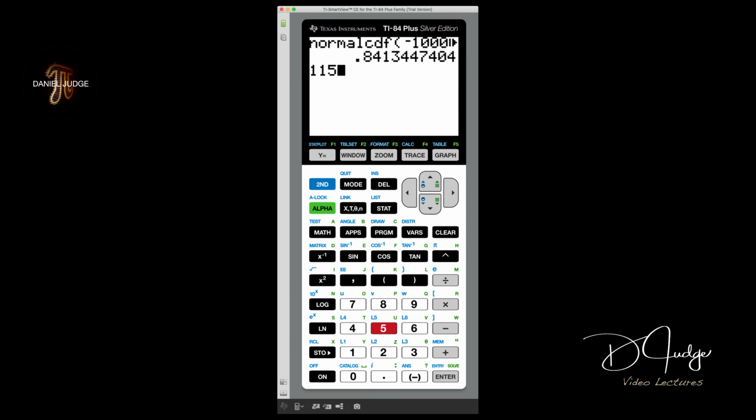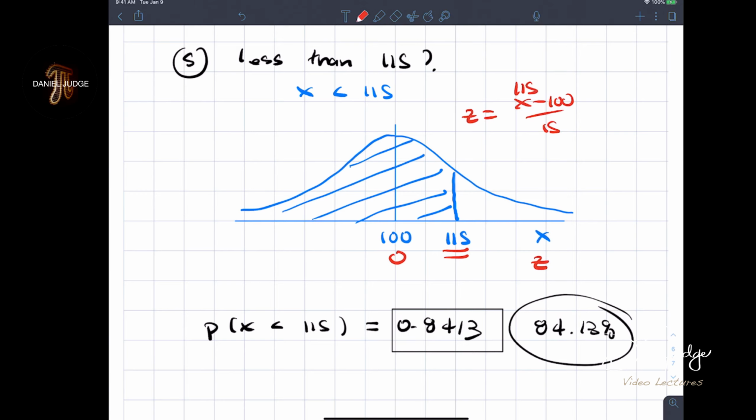Wait a minute. I don't have to use a calculator for this. It's 15 over 15. You guys know what that is. 15 over 15 is going to give you what? This is 1. So this is 1.00 if you want to look at it that way, because we're going to use a table.